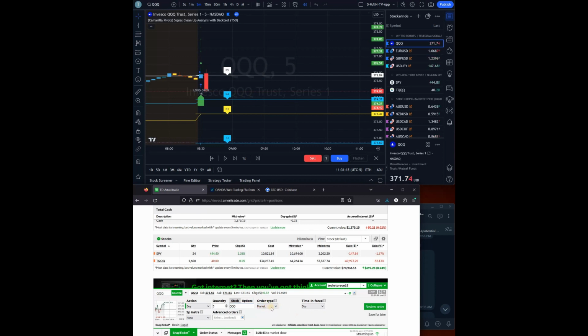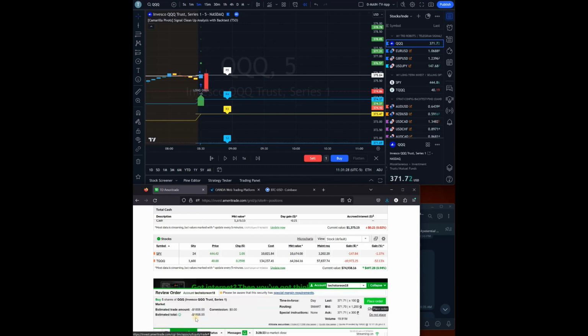Order type should be market, meaning immediate. It should process immediately. Time in force is day, don't pay attention to that. So review order, and you can see there's 0 commission, so it's good. That's what you should be looking for in brokers. This is the cost, how much my stocks will cost me. So let's place it.